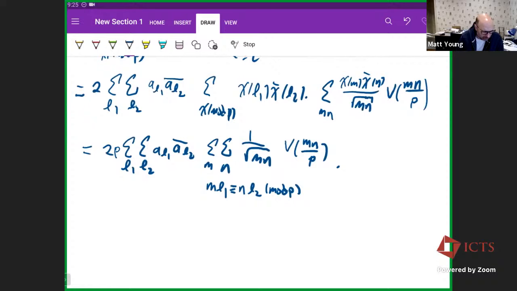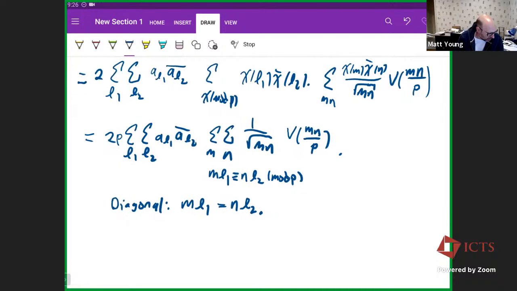Okay, so now let's look at the diagonal. That's where m L1 is equal to n L2. For simplicity, let's suppose a sub L is supported on primes.